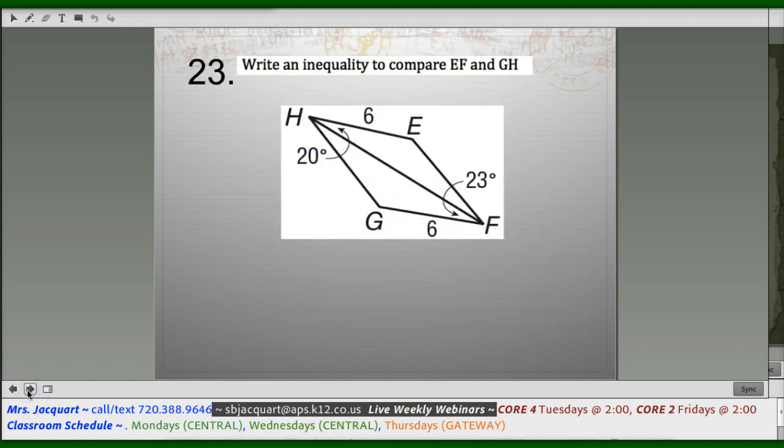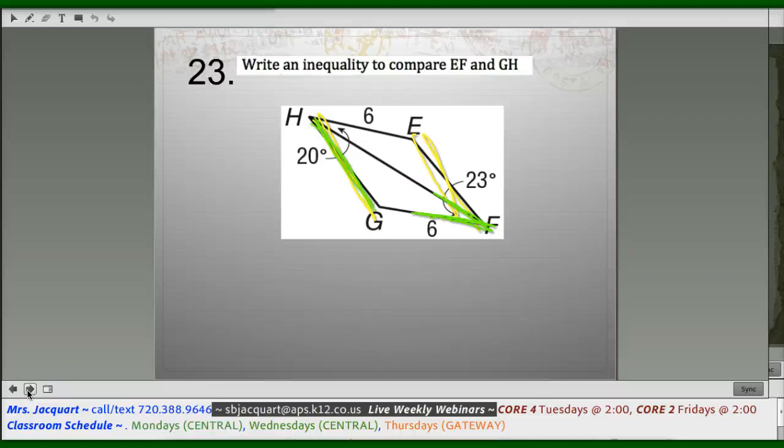Cool. Okay, writing an inequality, compare EF and GH. So let's first identify where EF and GH are. Okay, so what we're going to look at for that one, let's look at this angle, that is 23 degrees.